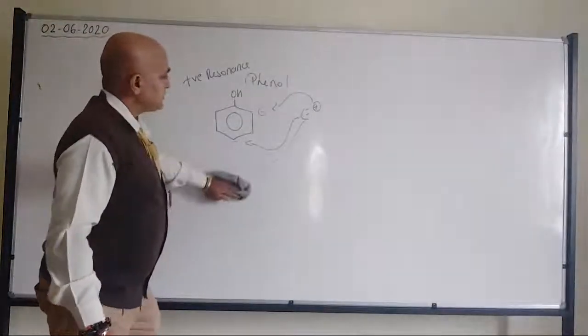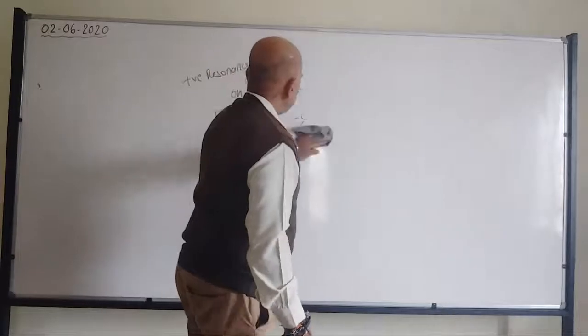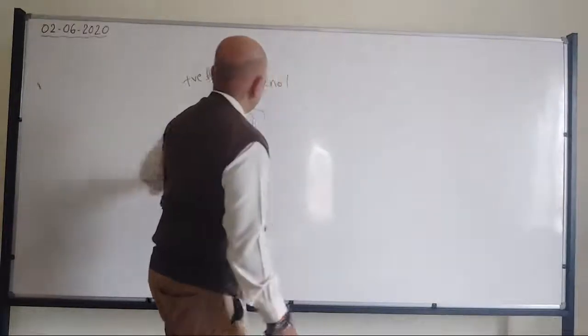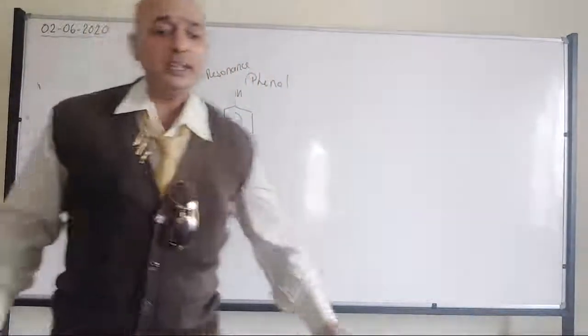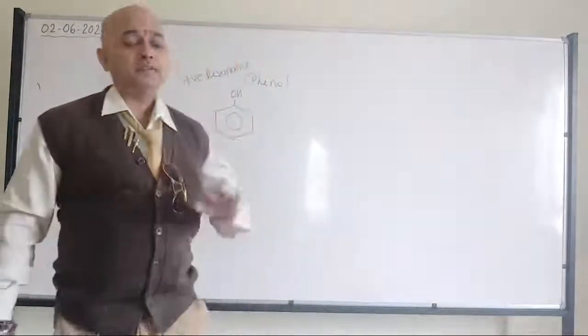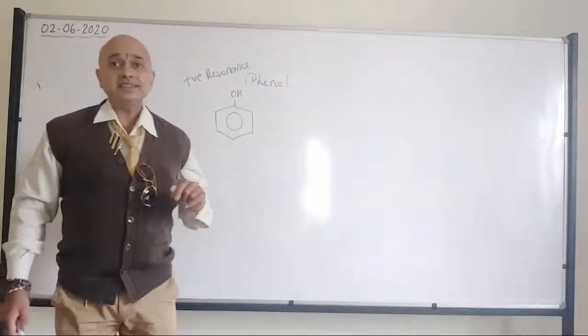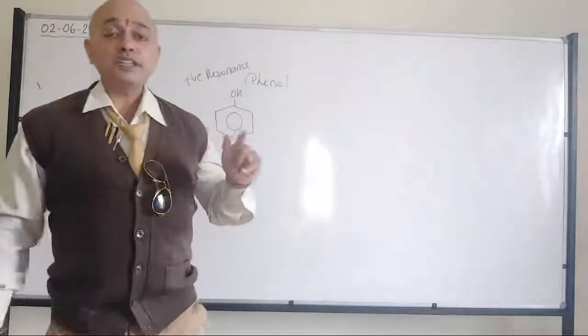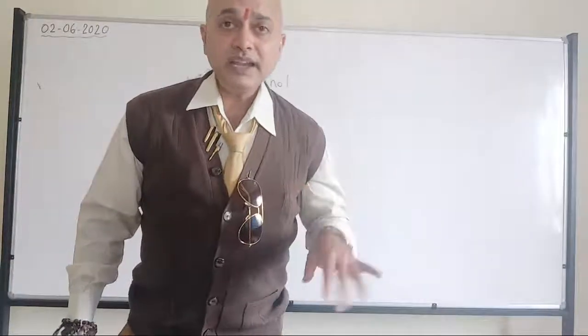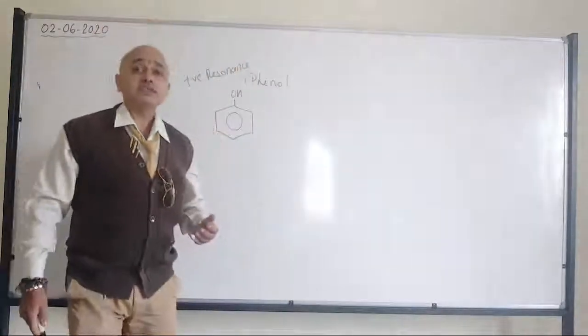Any doubts? So what I am telling here is, when it comes to electrophiles, phenols can easily show the electrophilic substitution reaction, no doubt. So what is the reason? The reason is the positive resonance effect, right? So now what will happen due to the positive resonance?